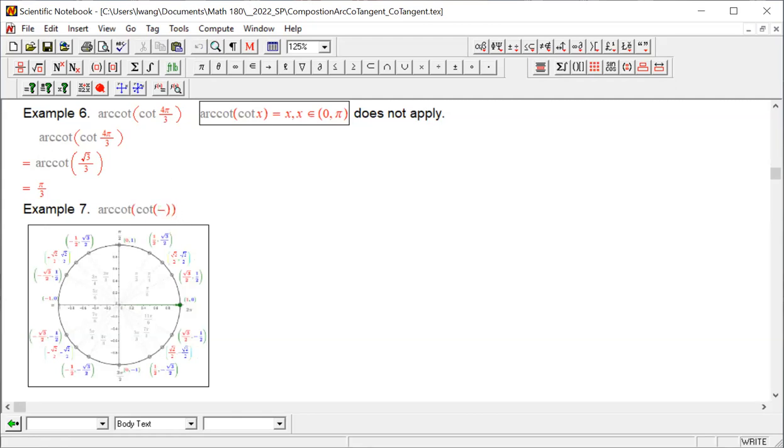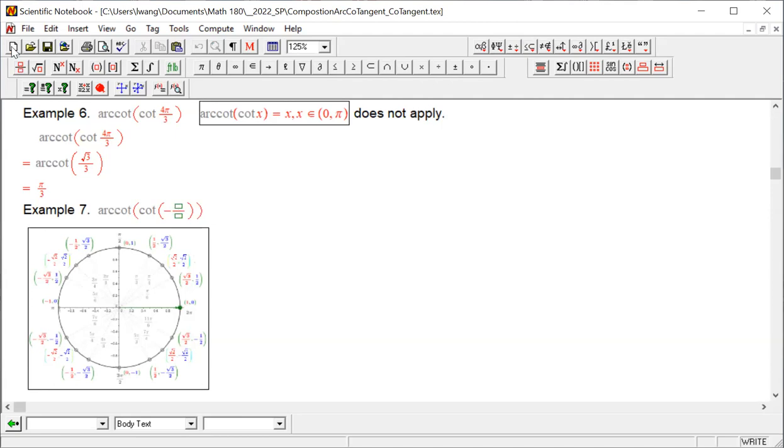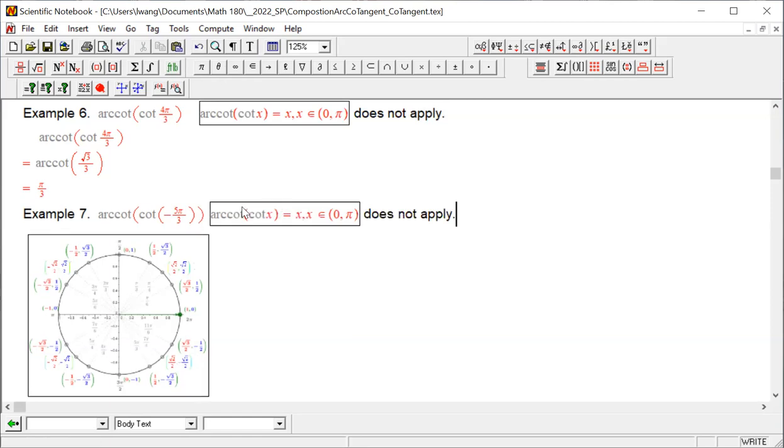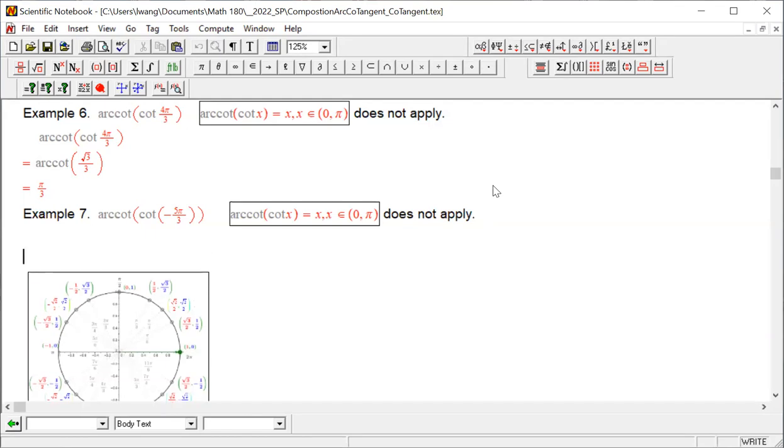I have negative 5 pi over 3. For sure, the shortcut does not apply, right? It's a negative angle. This only applies for angles between 0 and pi. So this doesn't apply either.